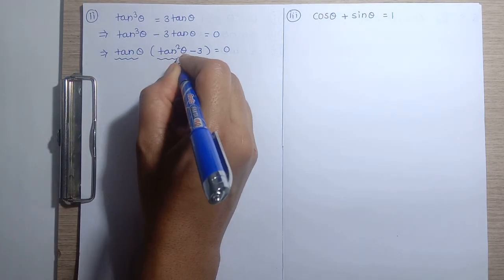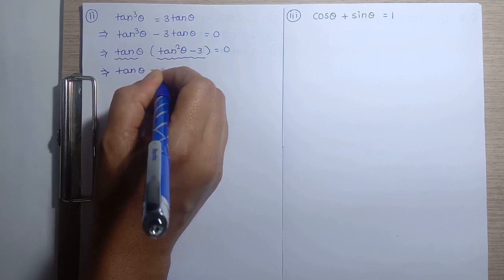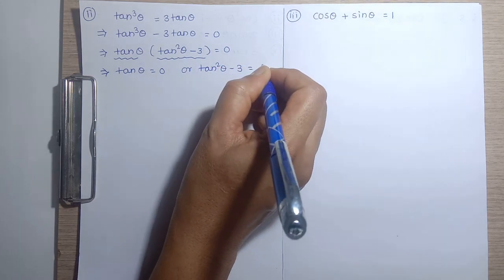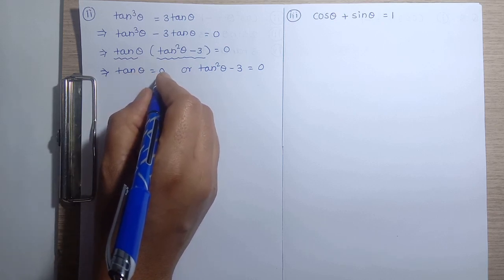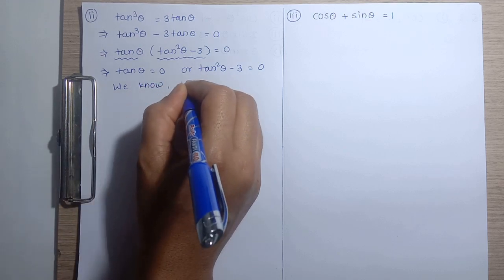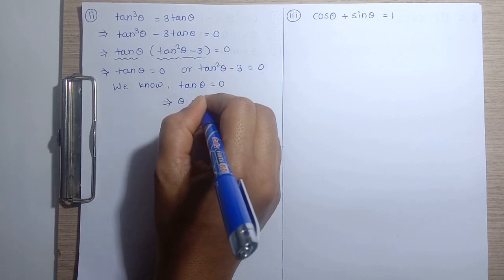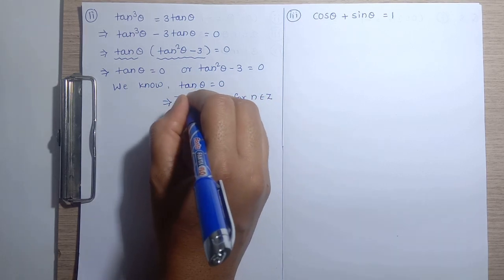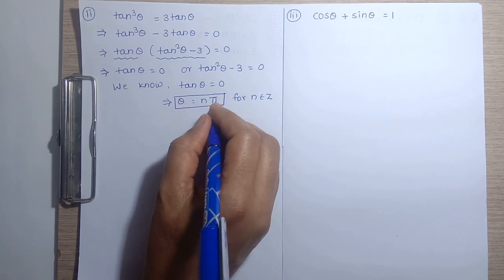Again the product of these two terms is 0, which implies that tan theta is equal to 0 or tan square theta minus 3 is equal to 0. First we solve the trigonometric equation tan theta is equal to 0. As we know, tan theta is equal to 0 gives the solution theta is equal to n pi for n belongs to Z. Therefore, the first solution we have got is theta is equal to n pi.